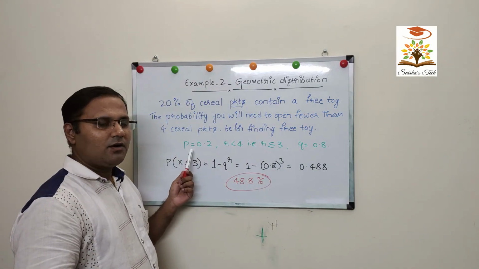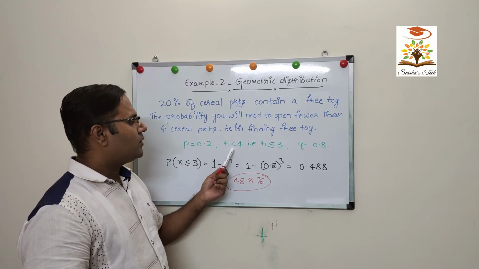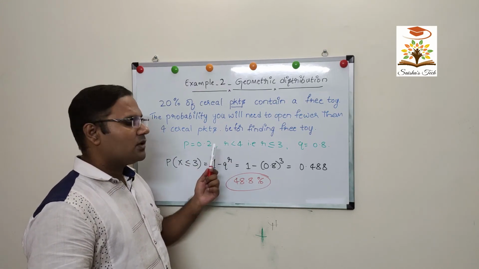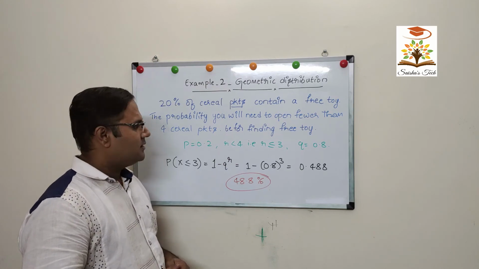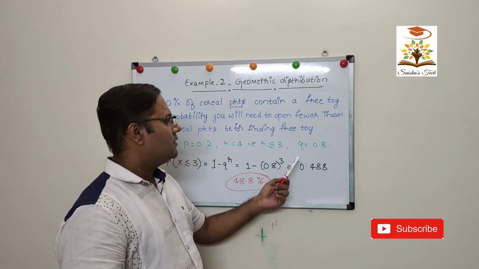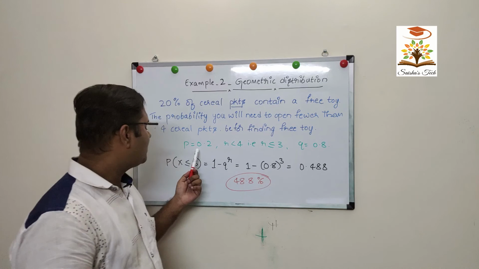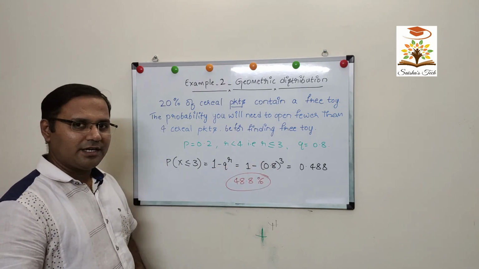Here the probability of success is 0.2, that is 20%. You want to identify the free toy before you open the fourth packet, which is r less than or equal to 3. The probability of failure is 0.8, that is 1 minus 0.2, which is equal to 0.8.